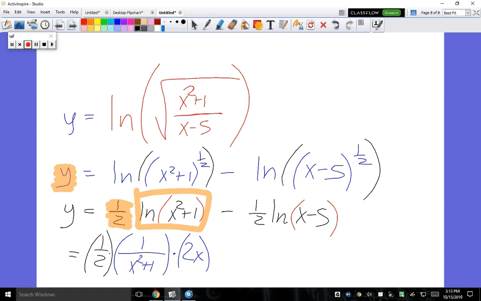Nate, what's the derivative over here of the second piece? It's 1/2 times 1 over x minus 5 times, sorry, 1 over the stuff times the derivative of the stuff.